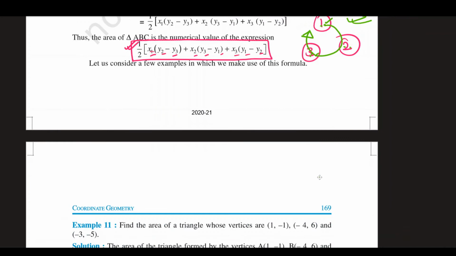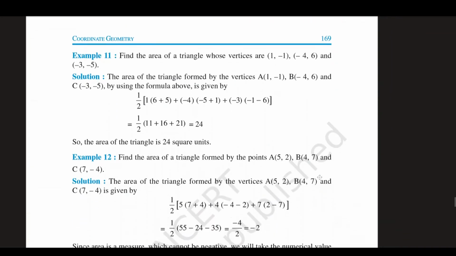Now we will be solving some examples. The first question says the points are given, just put in the values. So x1 into y2 minus y3, so 1 into 6 plus 5 into x2, that is minus 4, minus x2 into y3 minus y1.